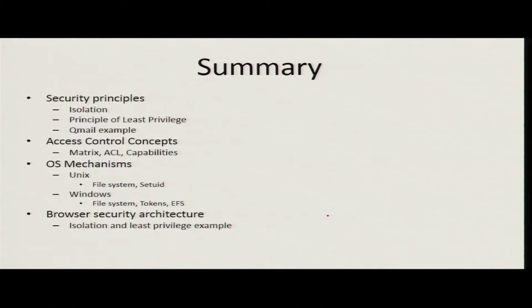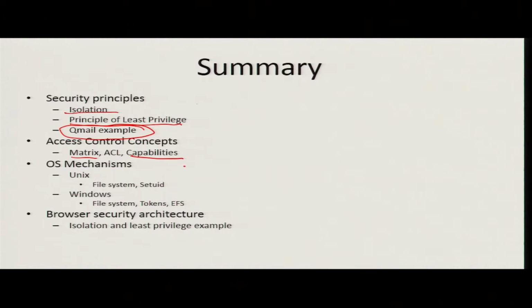So in summary, in lecture 4, or module 4, we saw 5 modules, and we talked about security principles, which are isolation and the principle of least privilege, and we explained that with the qmail example, and access control mechanisms. We saw access control matrix, access control list, and capability-based access control.